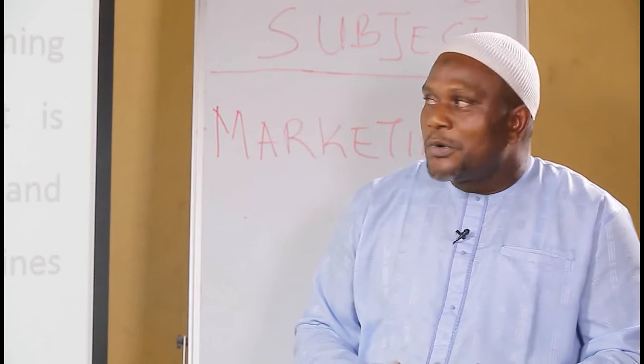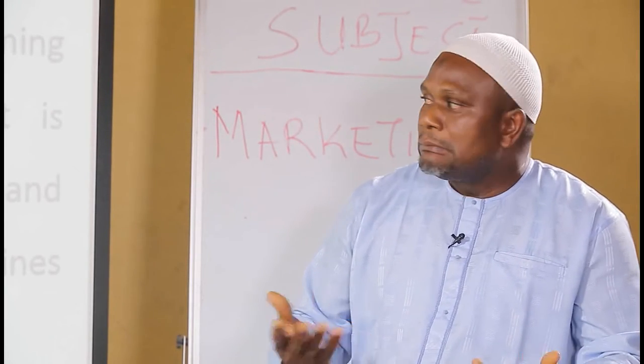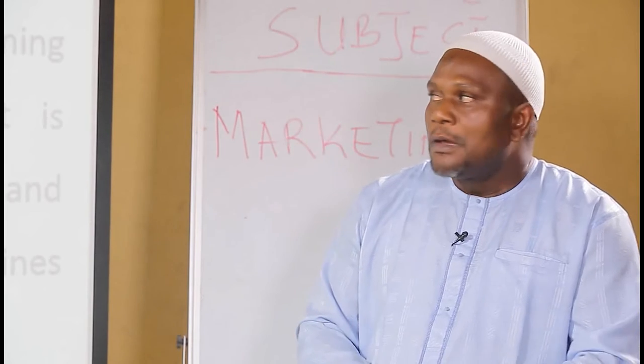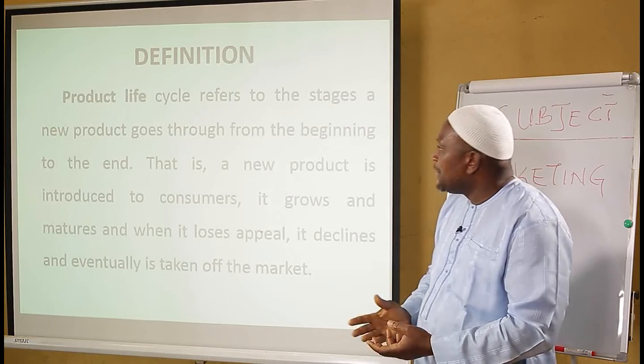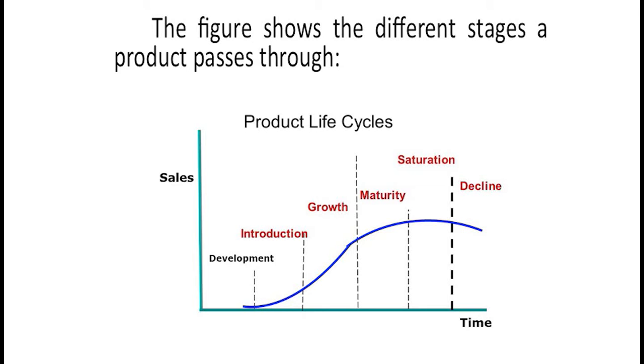Now, once more, we talked about the product life cycle. In summary, we referred to the stages a new product goes through from the beginning to the end. That is, we have the introduction, the growth, the maturity, saturation, and decline. Now, for the purpose of your exam, let's get it straight.